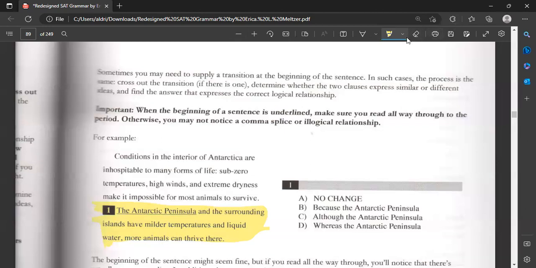So I think "whereas" is a nice transition between what I've highlighted and the previous sentence. But I think it would be more logical if we said: conditions in the interior of Antarctica are inhospitable to many forms of life. Sub-zero temperatures, high winds, and extreme dryness make it impossible for most animals to survive, whereas the Antarctic Peninsula has more animals living, or something like that. Does that make sense?